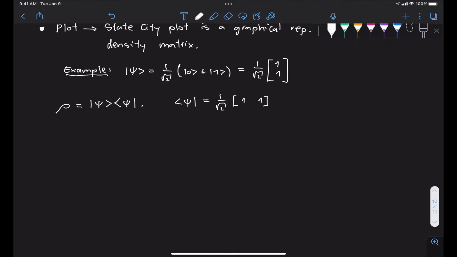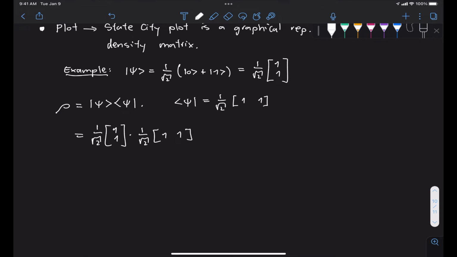In our example, our elements are just 1 and 1, so their complex conjugates are also 1 and 1, so there's no need to take complex conjugation there. So now we multiply 1 over root 2 times 1, 1 by 1 over root 2 times the bra, 1, 1.